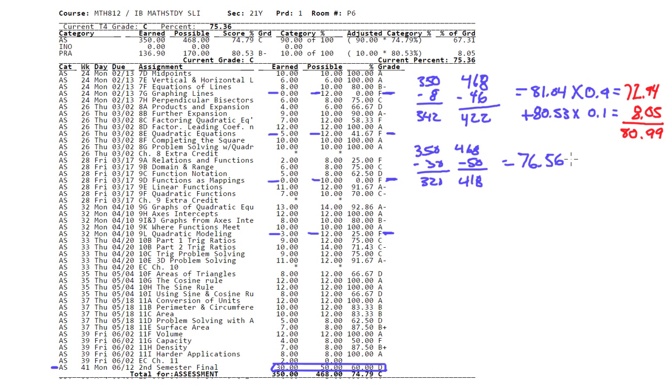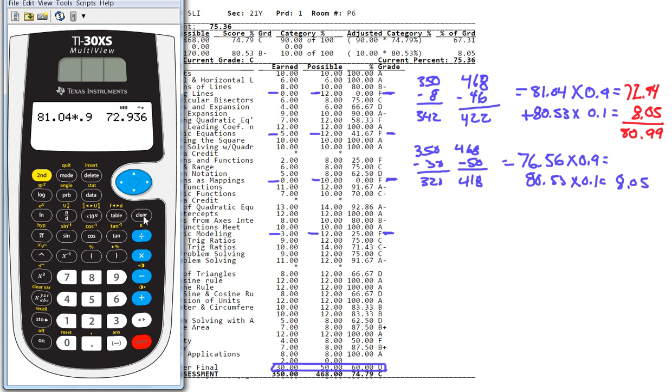And again, if we were to figure out what would happen if we didn't take the final, we'd take this number here, the 76.56, multiply that by 0.9, and then add on our same thing, the 80.53 times 0.1, which we've already figured out is 8.05. So 76.56 times 0.9 gives us 68.90.